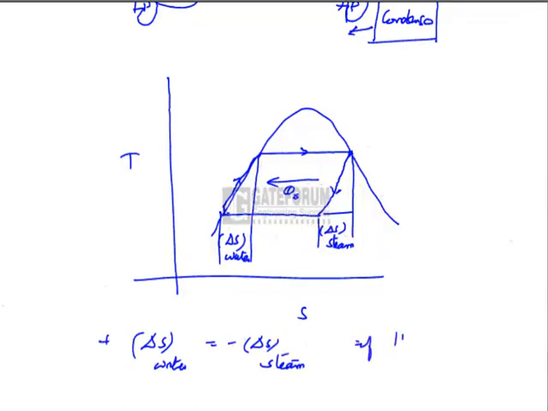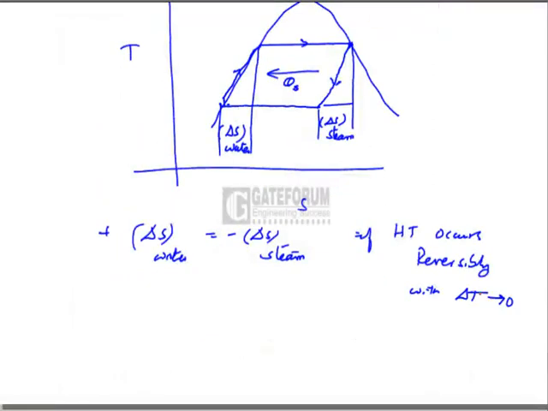If heat transfer occurs reversibly with delta T tending to 0 between them, that is an ideal regeneration, then delta S of the universe is equal to 0. No entropy is generated during this heat transfer.